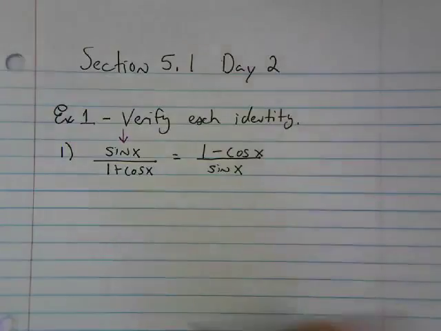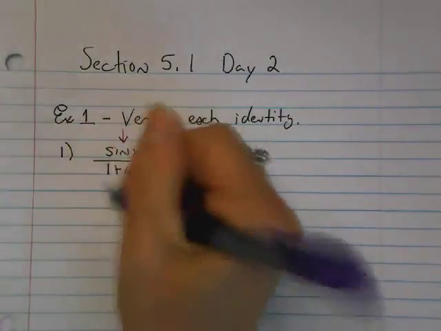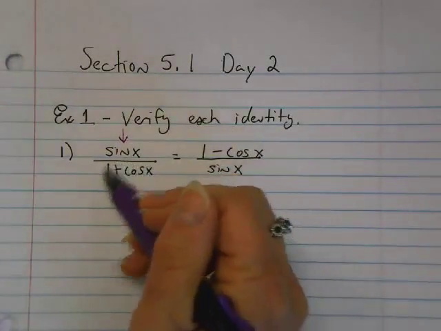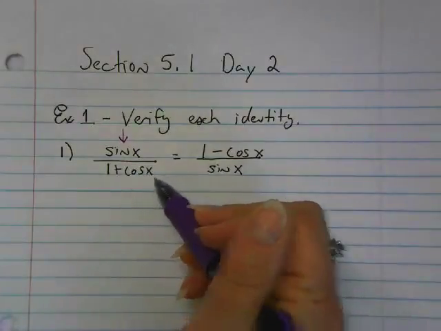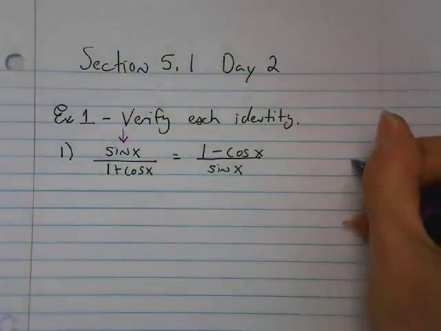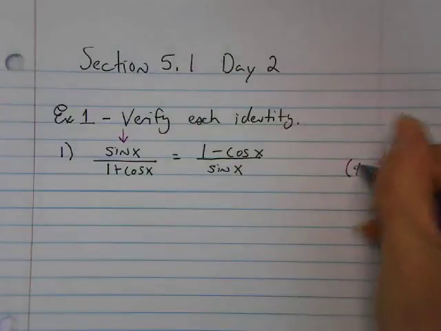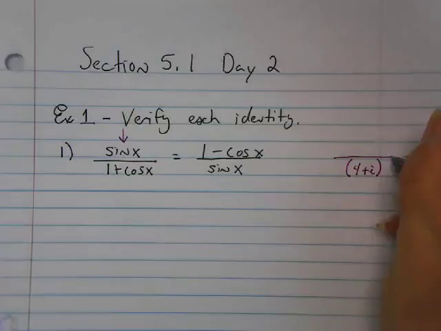I can try to separate it if you wanted, but that's not going to help me much. But just out of curiosity, remember the skill that we used a lot: if you had 4 plus i in a denominator, what did you multiply by?